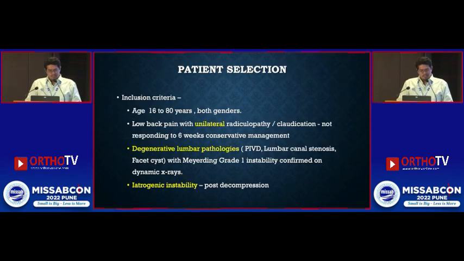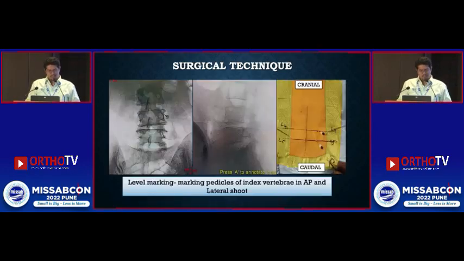The inclusion criteria were all patients of both genders aged 16 to 80 years having low back pain, predominantly unilateral radiculopathy or claudication, who were not responding to at least 6 weeks of conservative management, having various types of degenerative lumbar pathologies, including PIVD, lumbar canal stenosis with facet cyst, grade 1 instability, or iatrogenic instability created during decompression surgery.